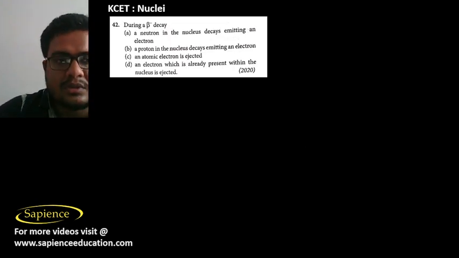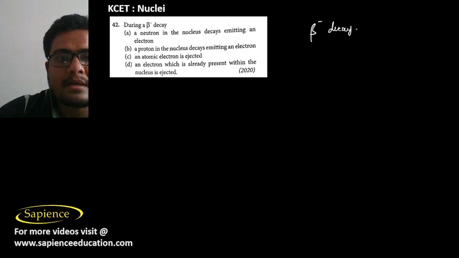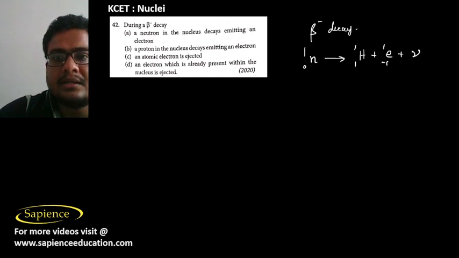In question number 42, it is told during beta minus decay, what happens? A neutron will decay into a proton and an electron and an anti-neutrino.